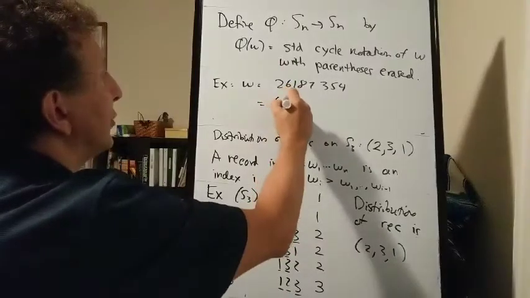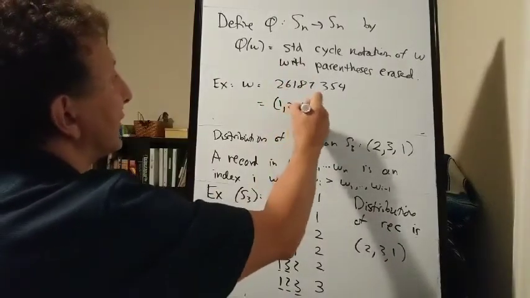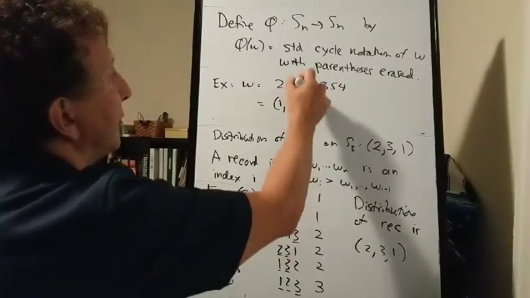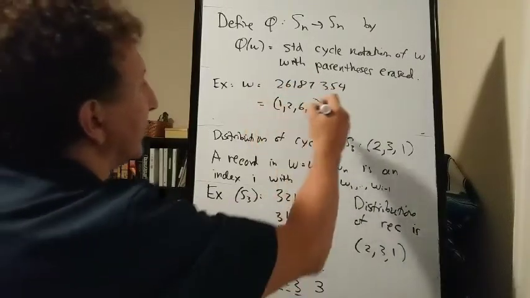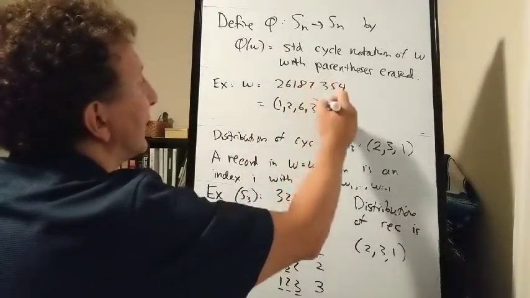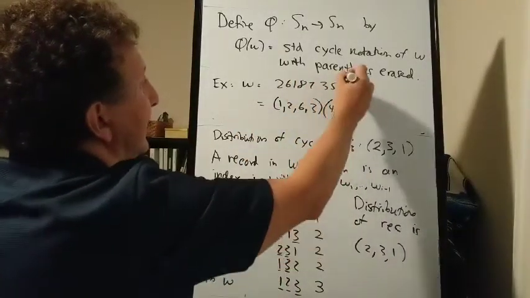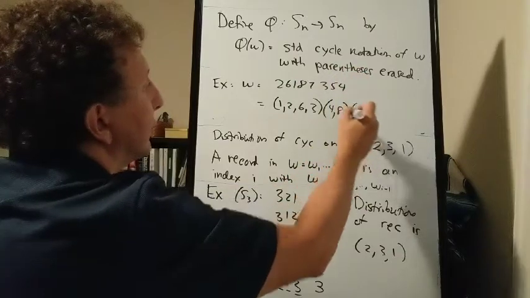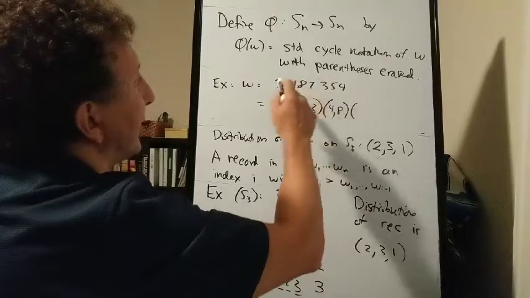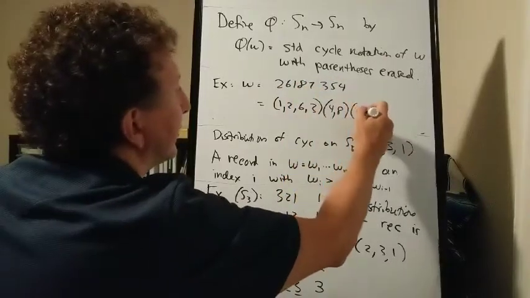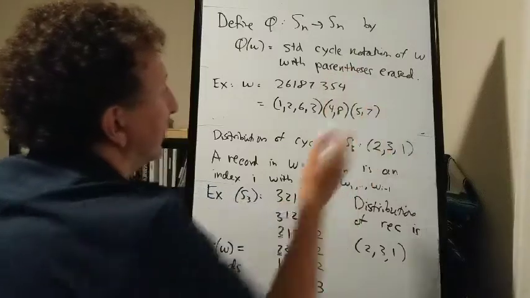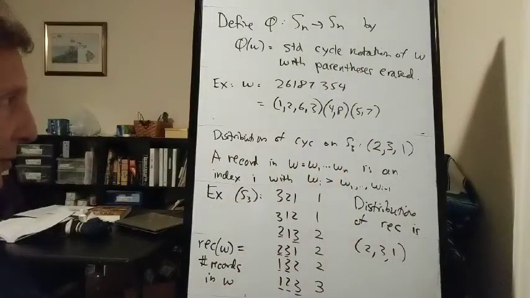So 1 goes to 2, 2 goes to 6, 6 goes to 3, 3 goes to 1. That's one cycle. We don't have the letter 4 here yet. 4 goes to 8, and then 8 goes to 4. And then we don't have 5 yet. 5 goes to 7, and 7 goes to 5. All right, so there's the cycle notation of W.